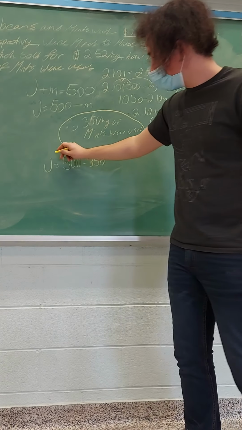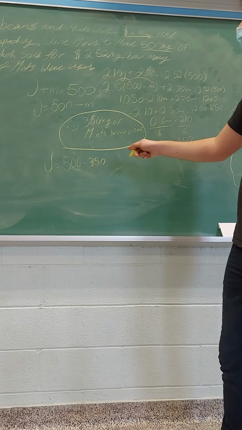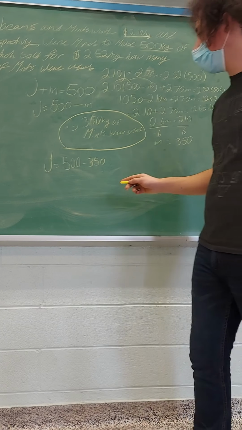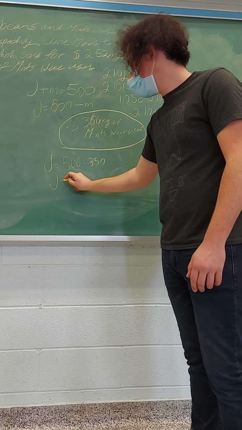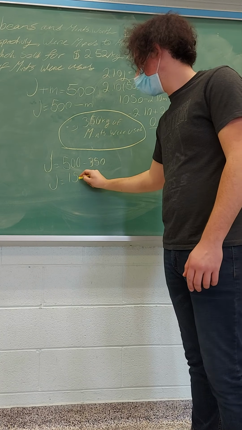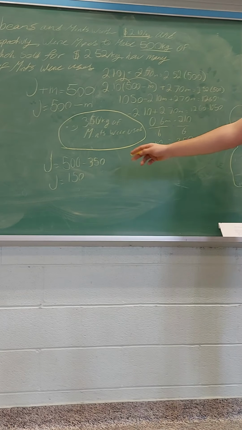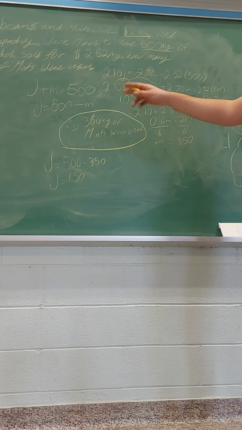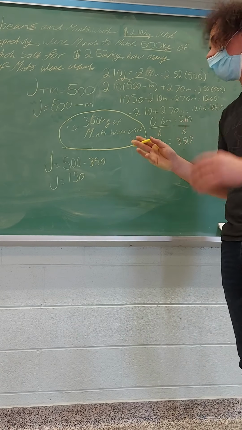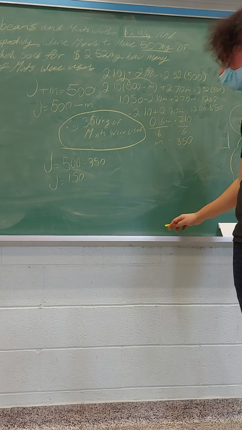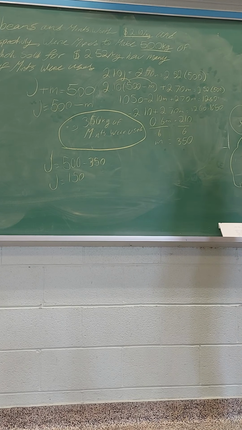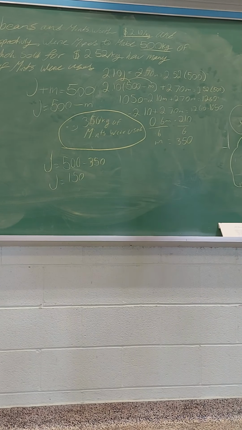So J equals 500 minus 350, which brings J to equal 150. And there you go. 150 kilograms of jelly beans were used in the mixture, and 350 kilograms of mints were used. That is my lackluster explanation.